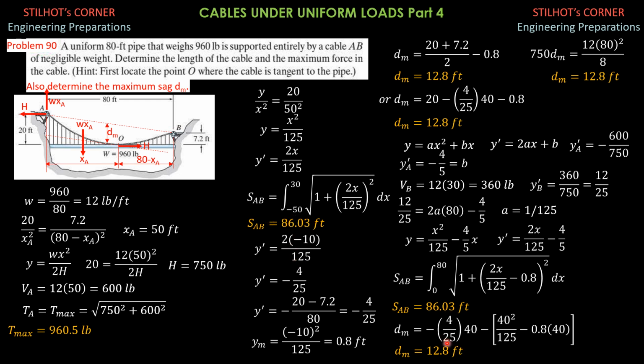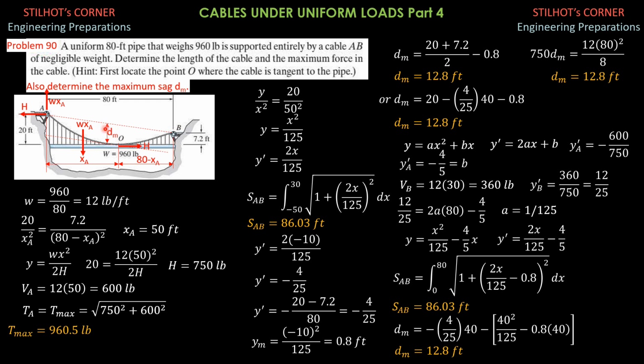Then finally, another way of computing D sub m is equal to this vertical distance, which is negative, and that is the slope of AB, which is negative 4 over 25 times 40.